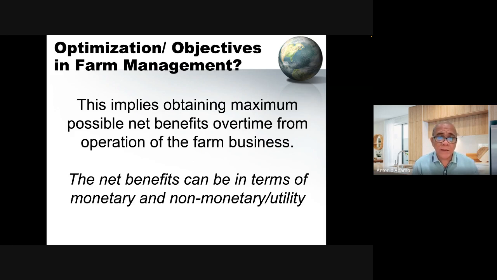Implicit would mean these are the opportunity cost of whatever resource that you may put into use, in which case that particular resource has an alternative use in other economic activity.